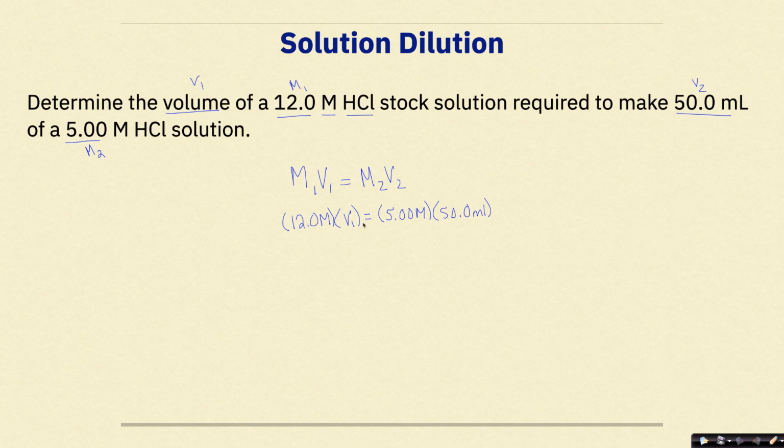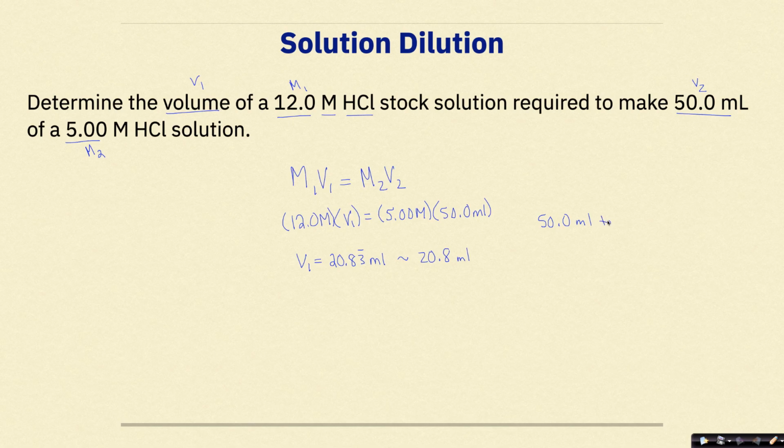So if I work through this whole thing, my V1, the volume of the 12 molar acid that I need, is 20.83 repeating milliliters. So let's say for the sake of significant figures that I need 20.8 milliliters just to keep it simple. So, okay, I need 20.8. My total volume here is 50 milliliters.